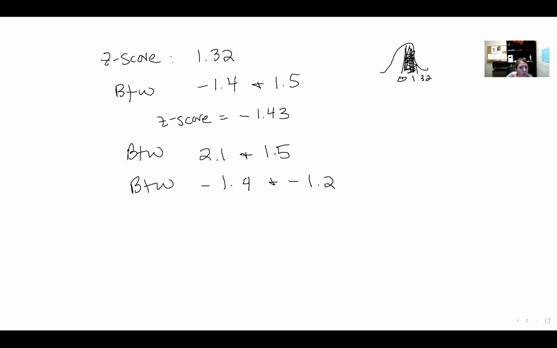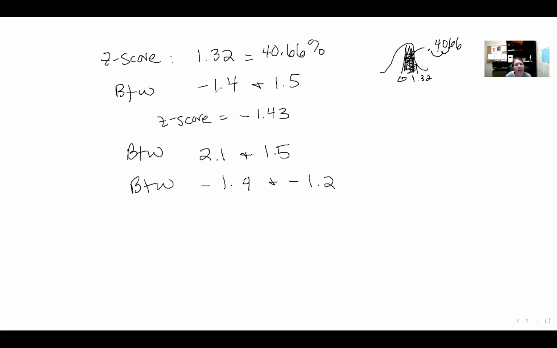It's going to be 0.4066. So this represents 0.4066. If I wanted the percent of that, how do we change a decimal to a percent? We go 2 places to the right. So this would be 40.66%. About 40.66% of your data will fall between that.